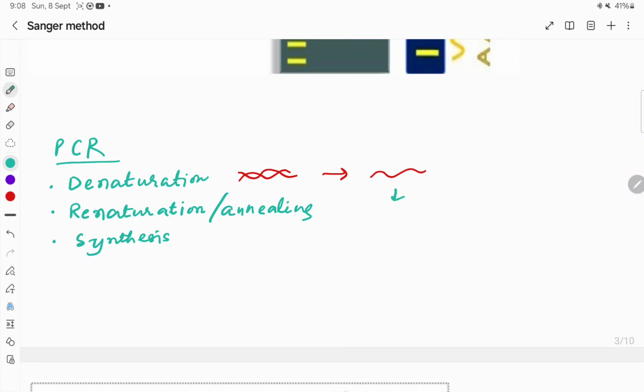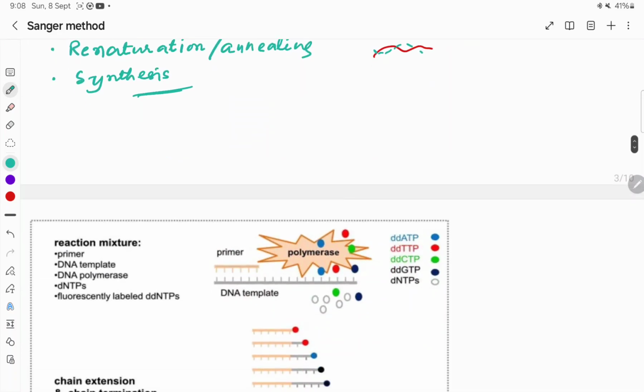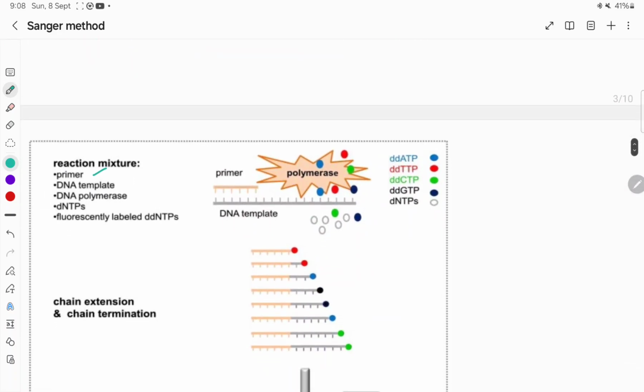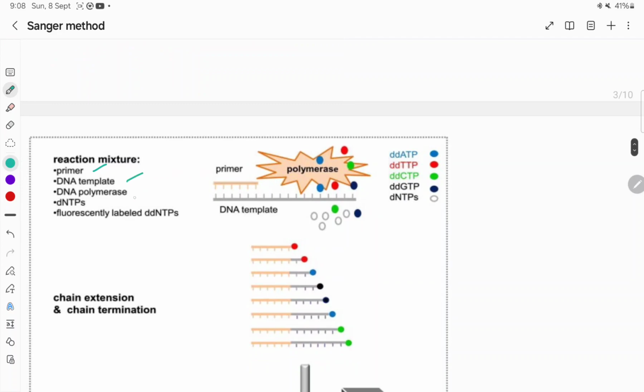We give the primer so that there will be pairing, and then there will be elongation, which is called synthesis. For that we need to give the primer, the DNA template, the DNA polymerase enzyme which will cause the polymerization, and the deoxynucleotide triphosphates of all the 4 bases.